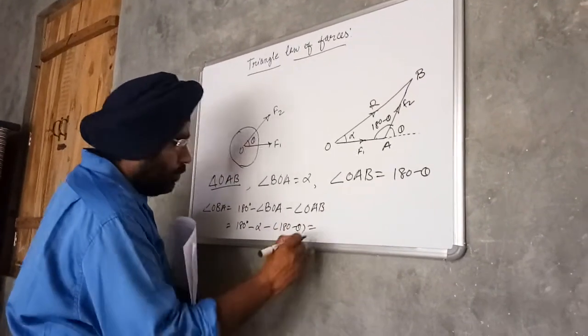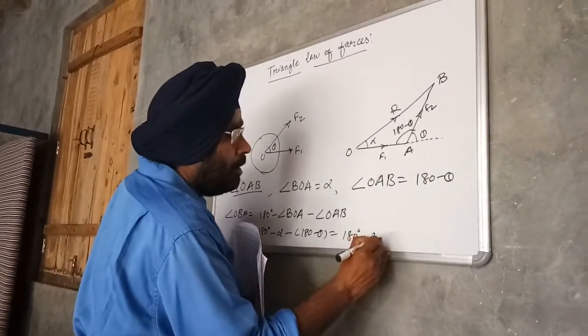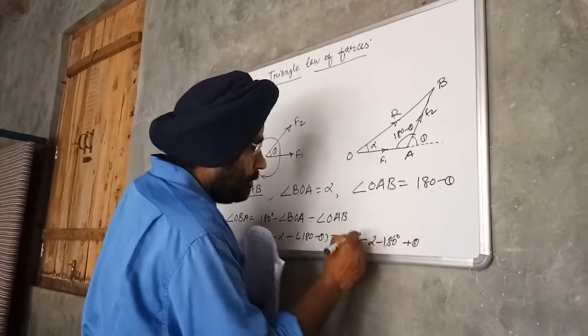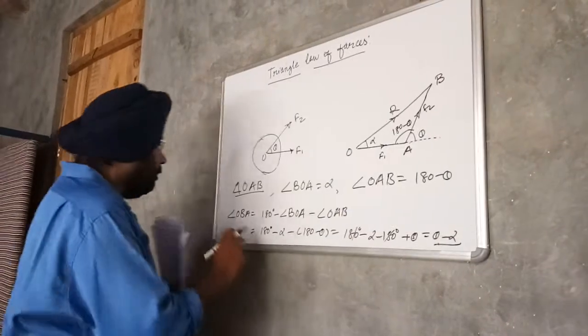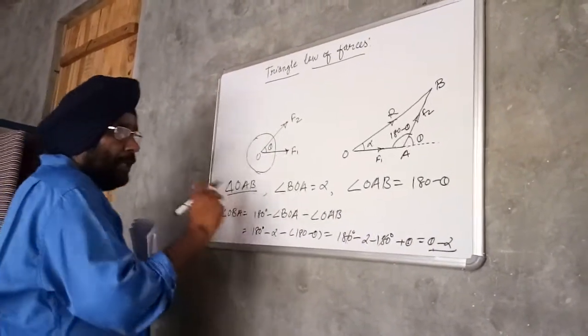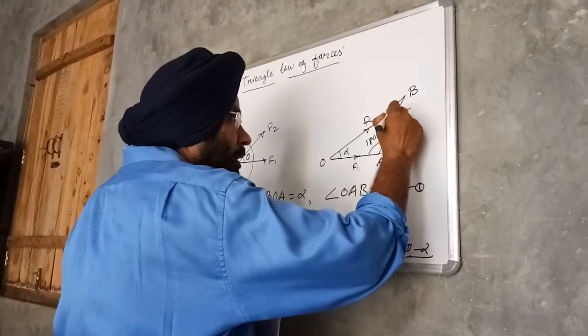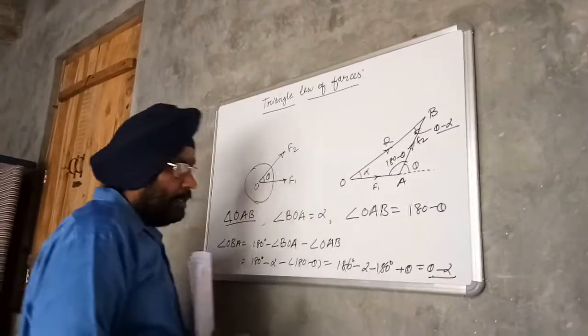So this is equal to 180 degrees minus alpha minus 180 degrees plus theta, which equals theta minus alpha. So angle OBA is theta minus alpha.